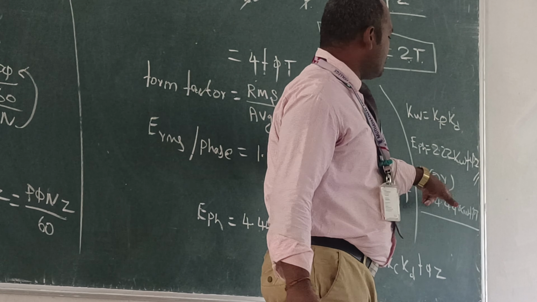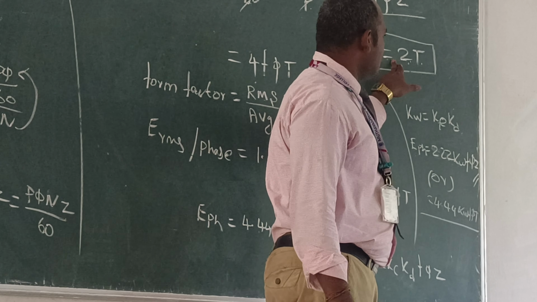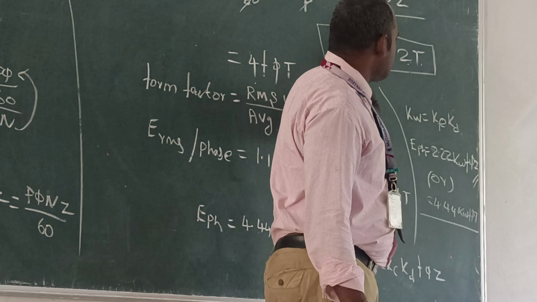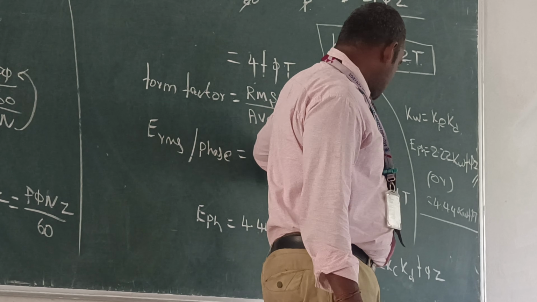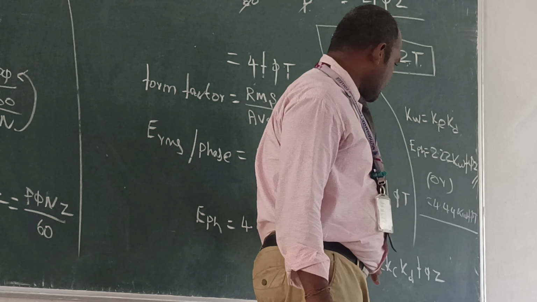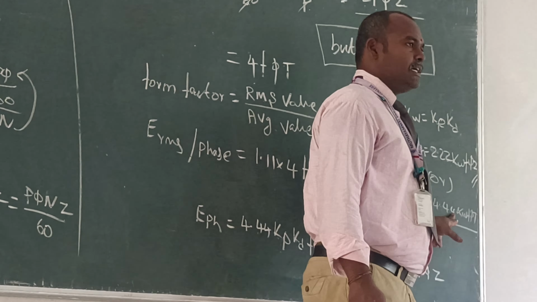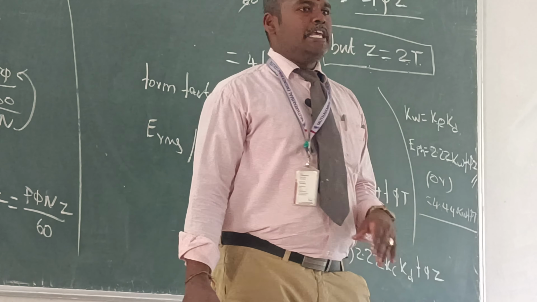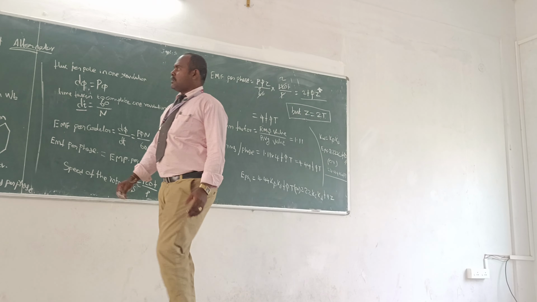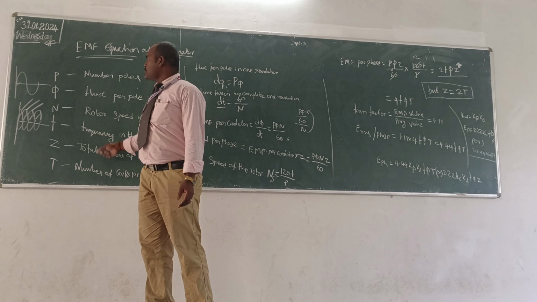If you put T here, T is equal to Z by 2. If you put Z, 2.22 comes; if you put T, 4.44 comes. That is the actual expression of the EMF equation. You should remember all these primary factors and notations.